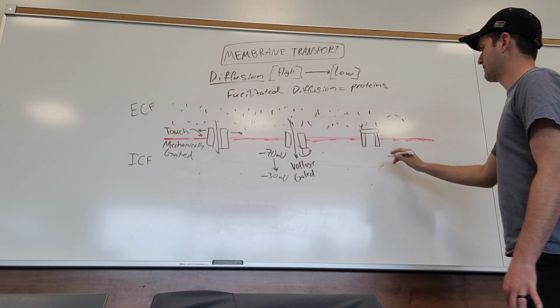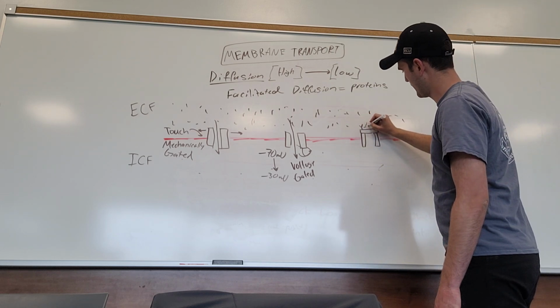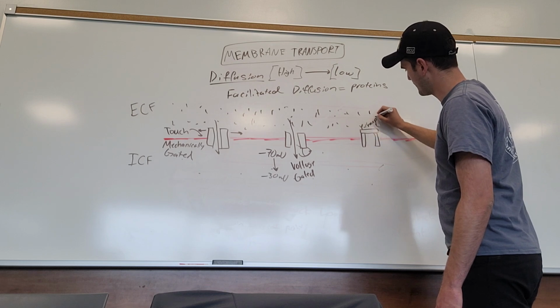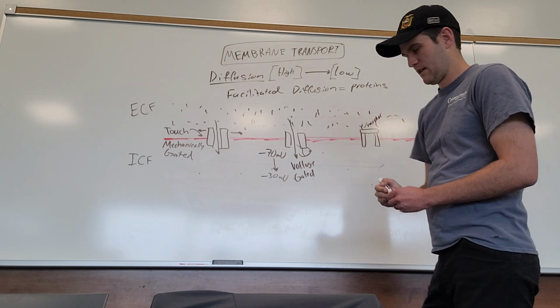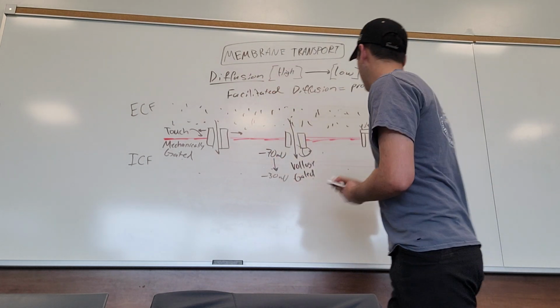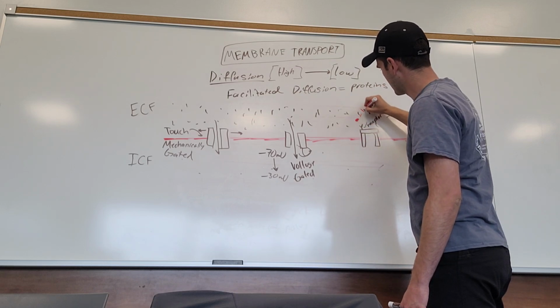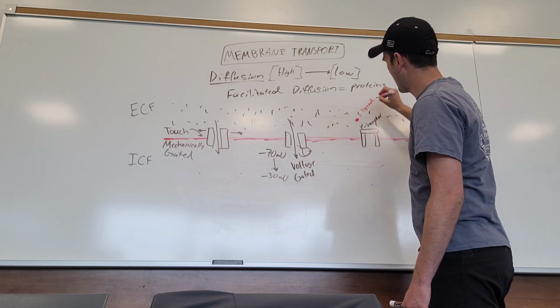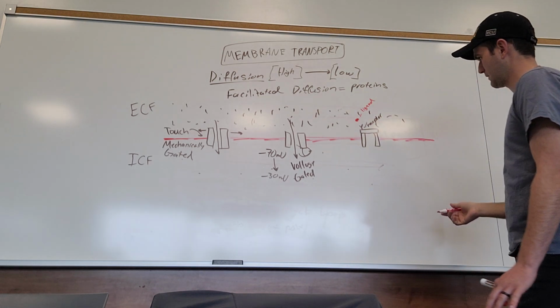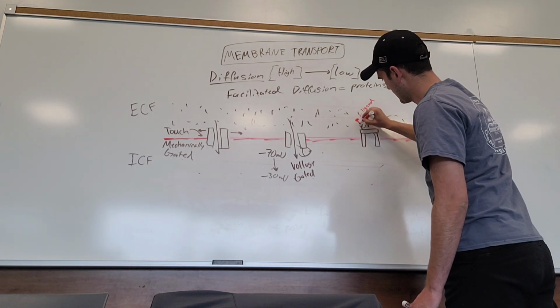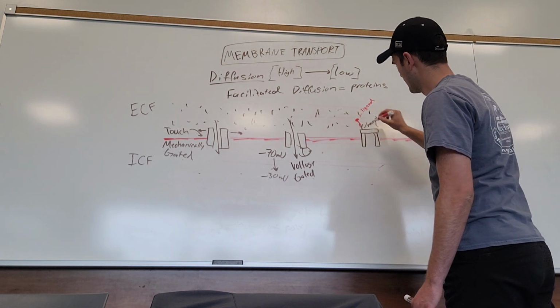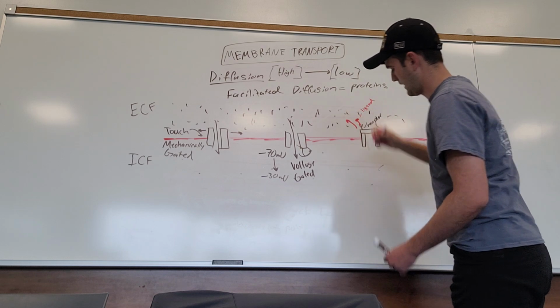Okay, so this one, on our protein we'd have right here is just some sort of chemical receptor. And what's going to happen is we're going to have a ligand come through here. So this is our ligand, and a ligand is just some sort of chemical, okay? Our ligand is going to come in and bind to that receptor, and that's going to open up our gate here.